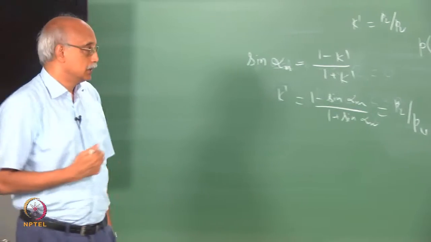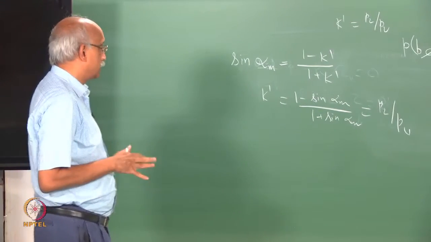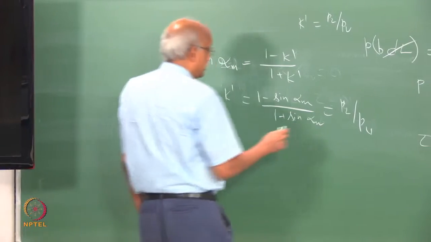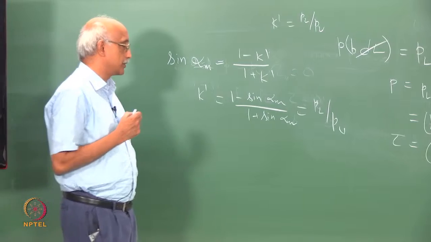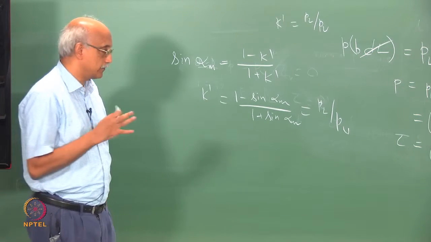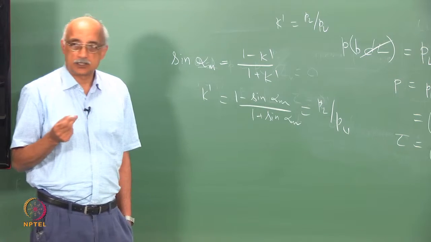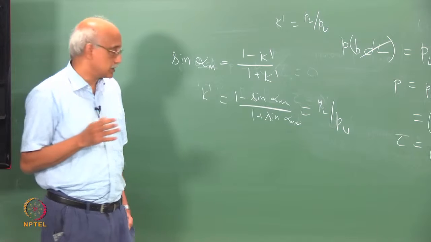If you know the so called angle of internal friction, you can calculate how the normal pressure varies for a given applied pressure. So, K prime, as we said before, varies for a non-cohesive suspension from about 0.3 to 0.6.